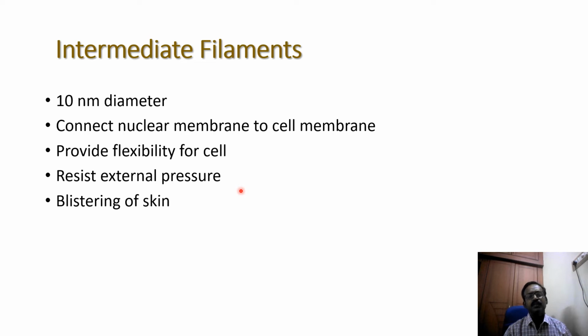The absence of the intermediate filament makes the cell rupture more easily. Abnormal intermediate filaments in humans produce blistering of the skin. Blistering is small bubbles appearing in the skin, filled with serum.